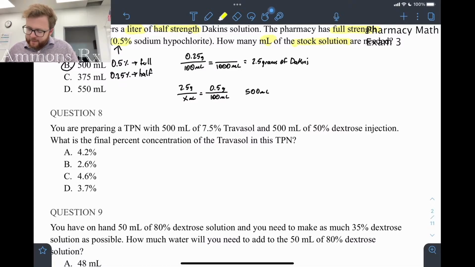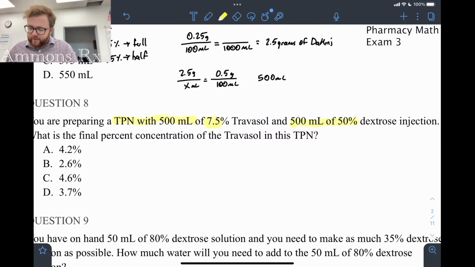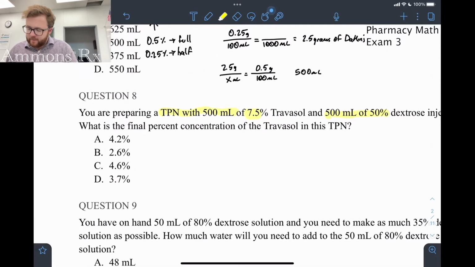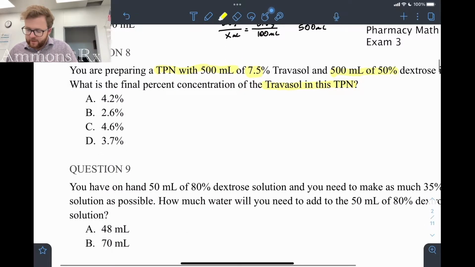You're preparing a TPN with 500 mils of 7.5 and 500 mils of 50%. What is the final percent concentration in this TPN? So basically, we need to understand that it's asking for just Travasol in this situation. So we need to say, okay, we have a drug, and then we have a full volume, which is all of them together.